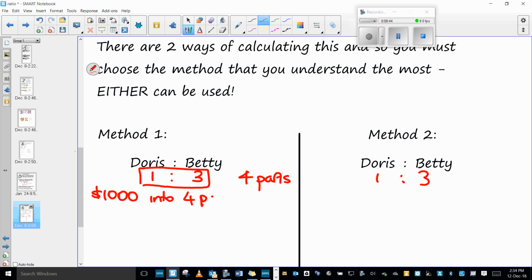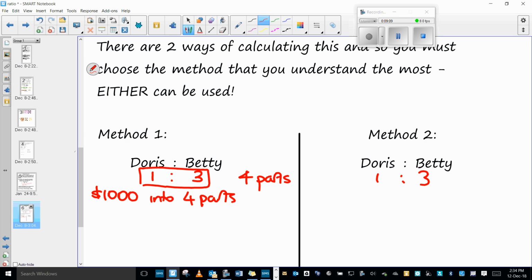Now, if we're splitting or sharing something into 4, what does that mean we're going to do to our number? Sarah? Well, I know that when you have 100, you do 25, 50, 75, and then 100, and that's 4. So you have to do the same with 1,000. So it would be 250, 500, 750, 1,000.